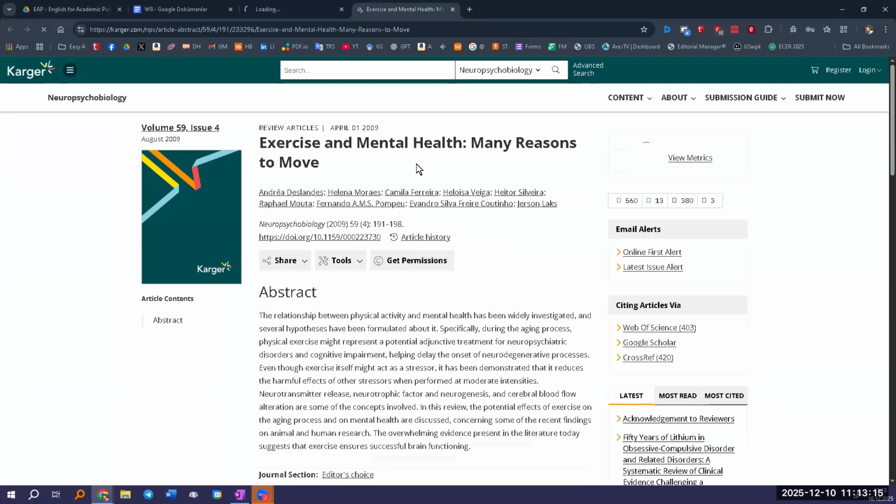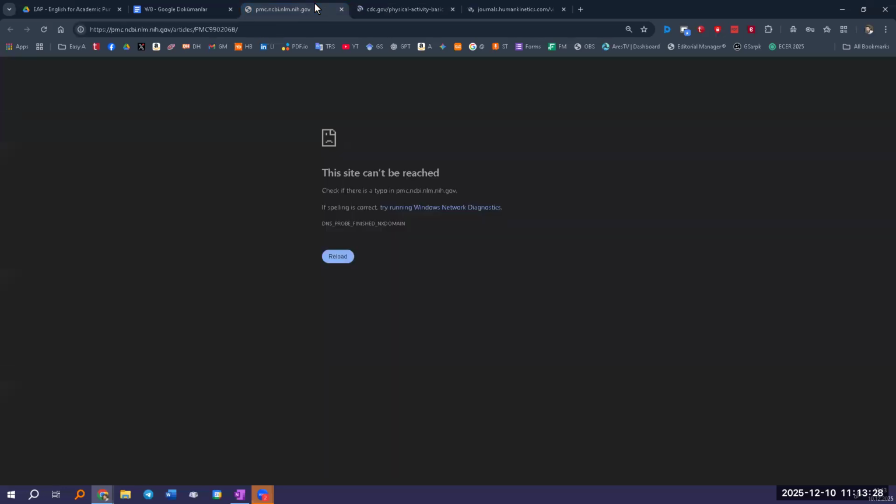Exercise and mental health, many reasons to move. Move here means physical activities, right? Be careful with the links. This one is not working.